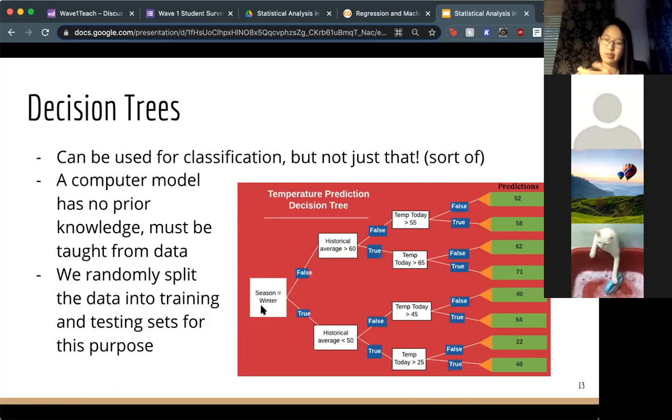Let's say it's not winter, the historical average is not greater than 60, and the temperature today is not greater than 55, then it'll predict, hey, it's 52. That might be a prediction for today's or tomorrow's temperature.